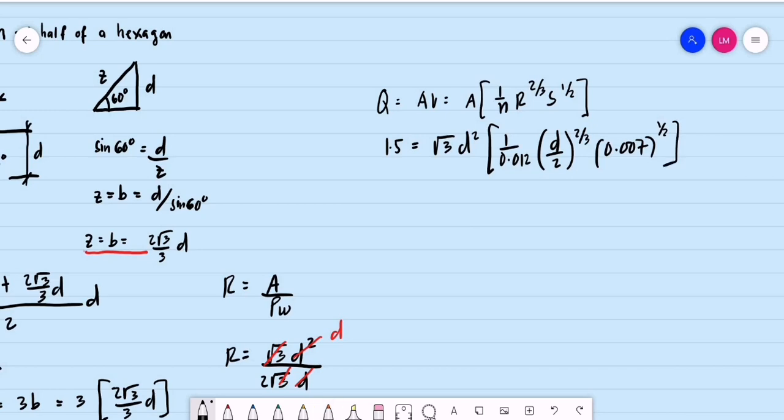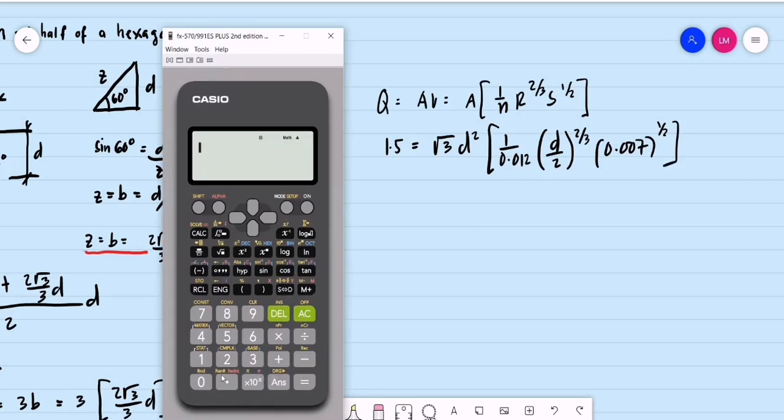Computing for the depth of flow, 1.5 equals our area, square root of 3, multiplied by the depth, let's say this is alpha x, then multiplied by 1 over the roughness coefficient 0.012, multiplied by our hydraulic radius, which is simply the depth over 2.